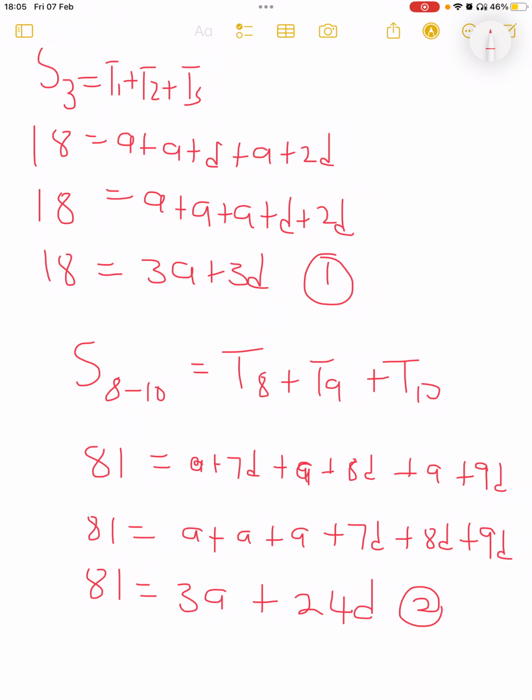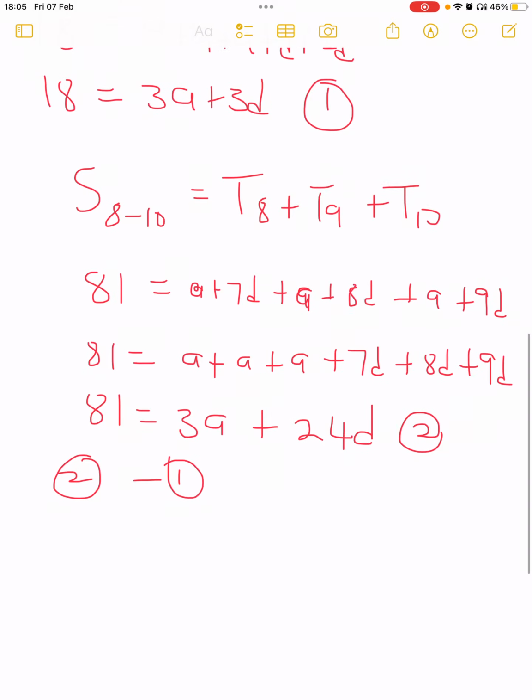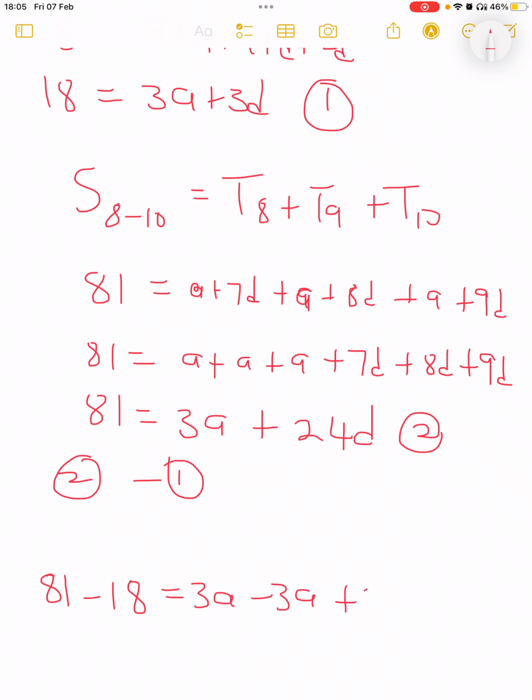So I would say equation 2 minus equation 1. I'll start with the left-hand side. The left-hand side will be 81 minus 18 is equal to 3A minus 3A, and then 24D minus 3D.